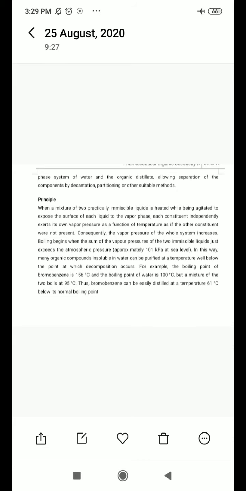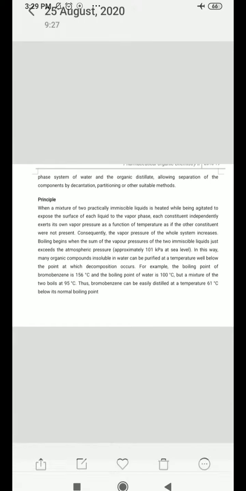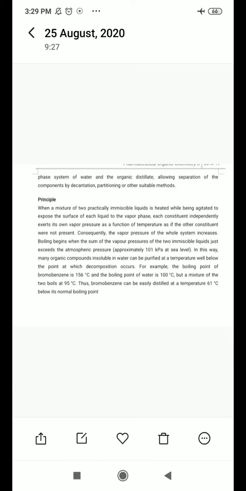Okay, from this example you understood how bromobenzene is separated out below its boiling point.